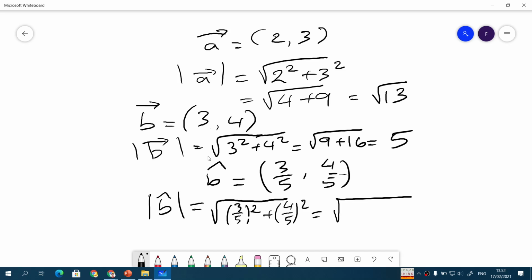Which results in, we know that 3 squared and 4 squared sum to 25, and for the denominator, it's also 25, which is 1. So it is proven that the magnitude or the length of a unit vector is exactly 1.